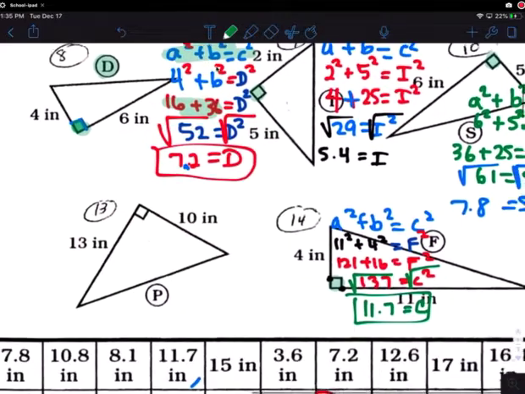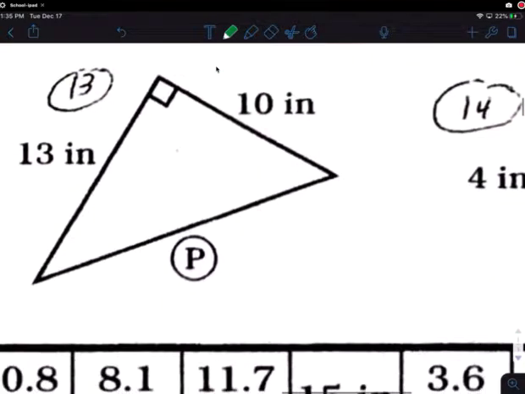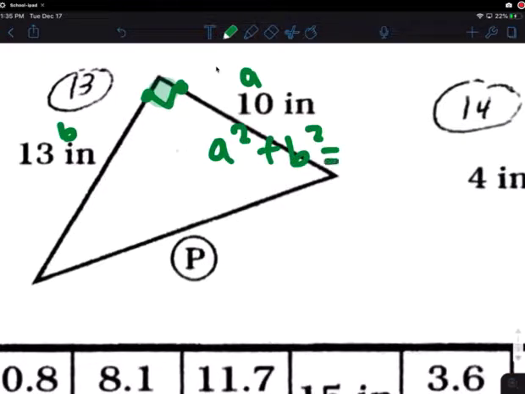Okay, number 13, same thing. Here's the 90 degrees, so one of these is A or B. I'm going to choose 10 as A, B is 13. So A squared plus B squared equals C squared.